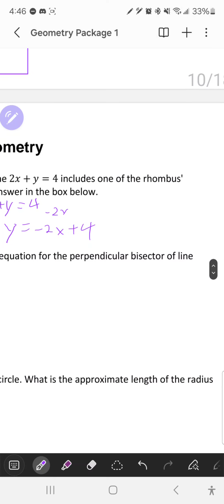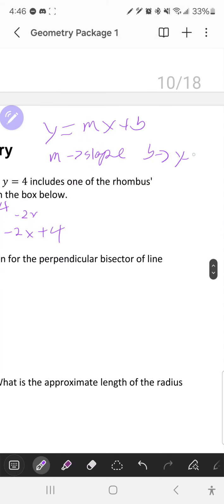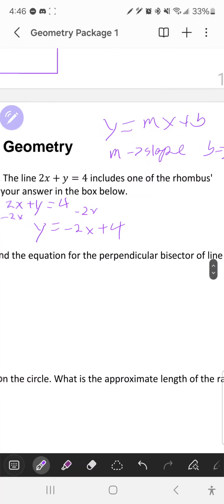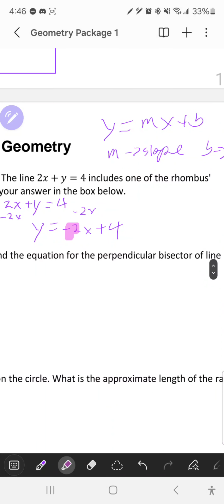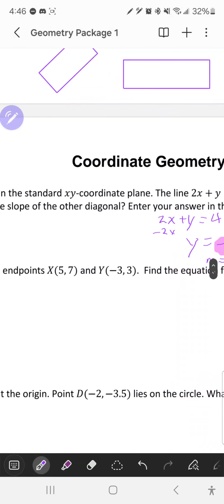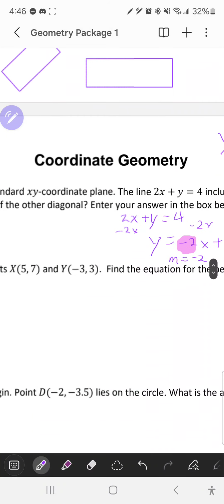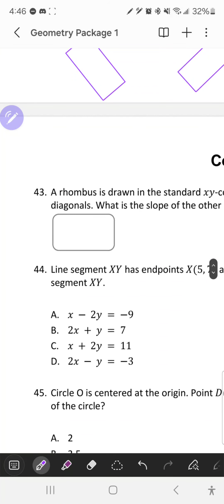And now, since I know that the formula for a line is y equals mx plus b, where m is the slope and b is the y-intercept, I know that the slope of this line is going to be negative 2. Now, it is asking for the slope of the other diagonal.